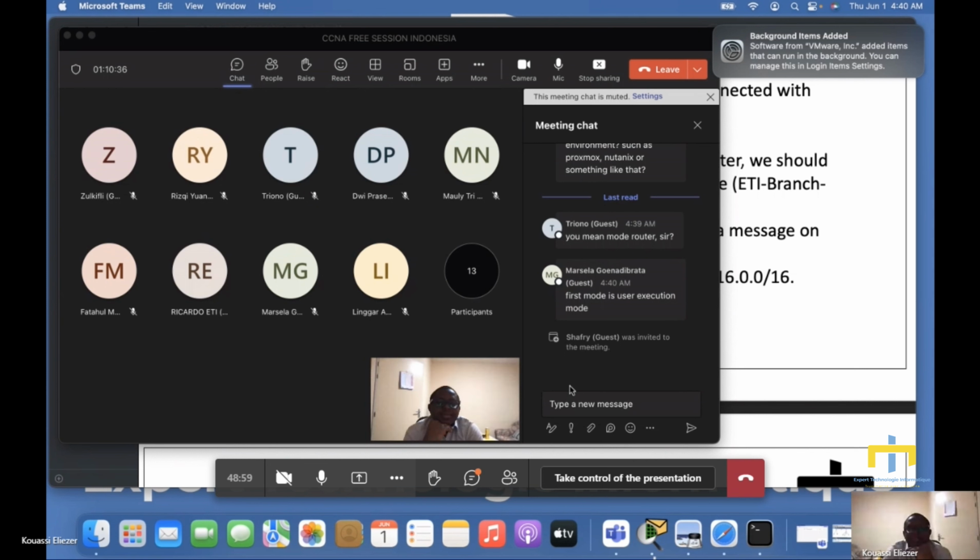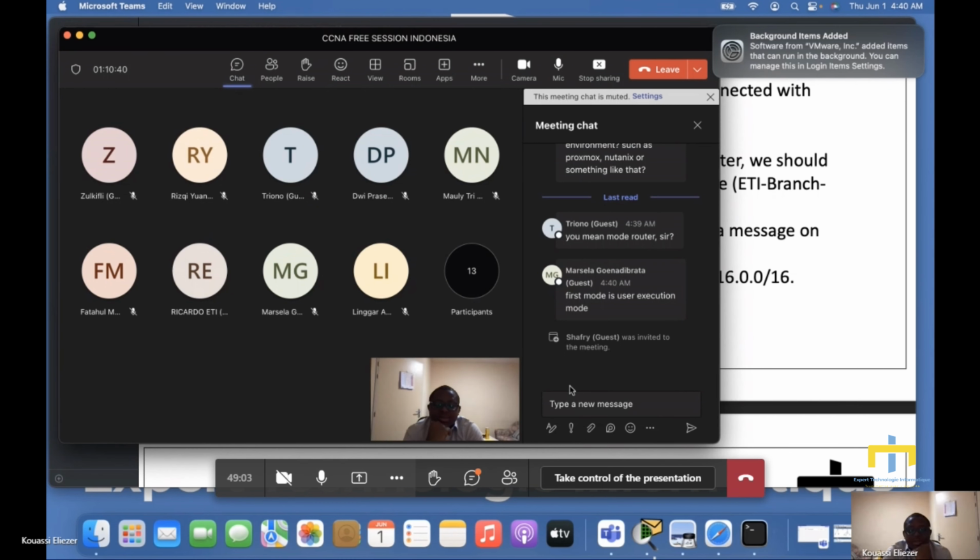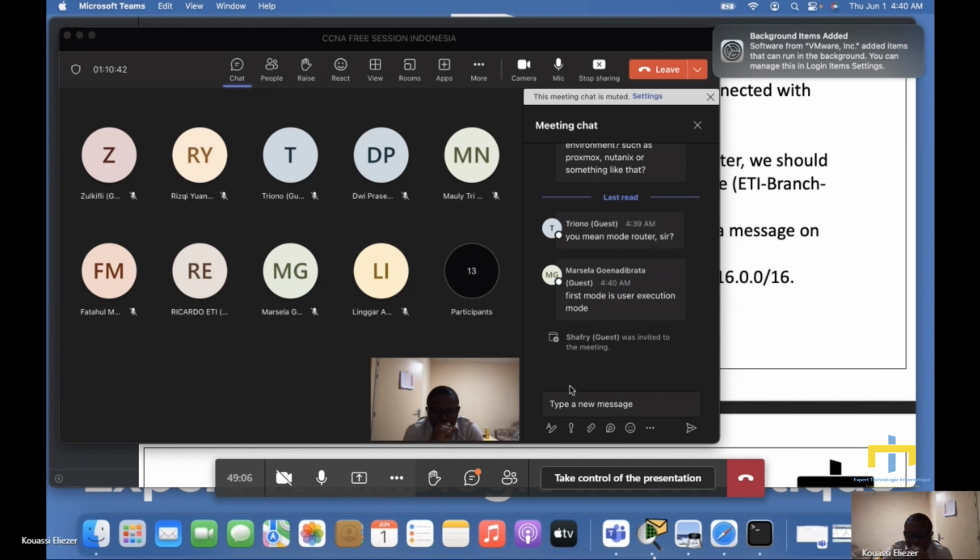What is the name of the second mode? Normally, when you are studying CCNA in the beginning, when you get to basic configuration, these are the things you learn.